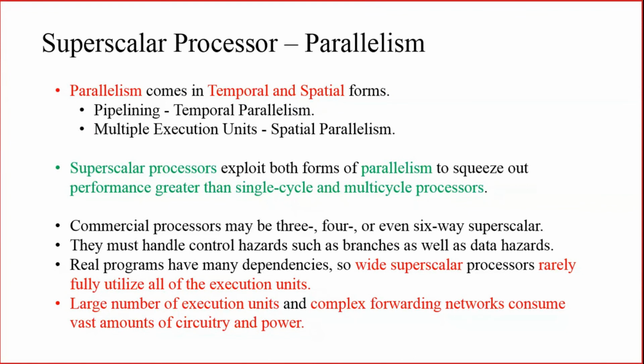So there will be forwarding from at least 2 or 3 instructions, and the forwarding network becomes more complex. Whenever the forwarding network gets complex and more execution units are there, the power consumed will be more. So we cannot keep increasing the width of the superscalar architecture, because power is one of the most important criteria. That is why we do not have wider superscalar processors.